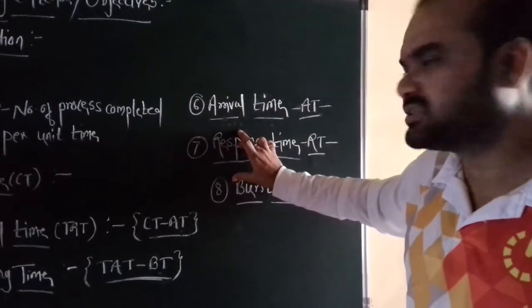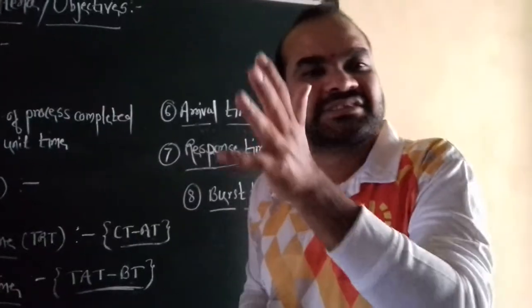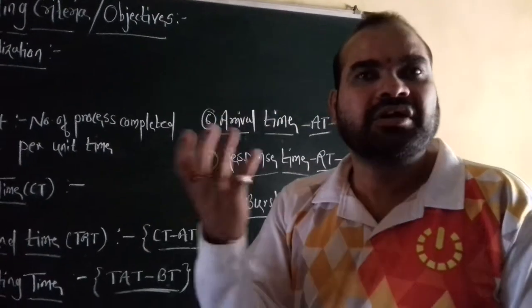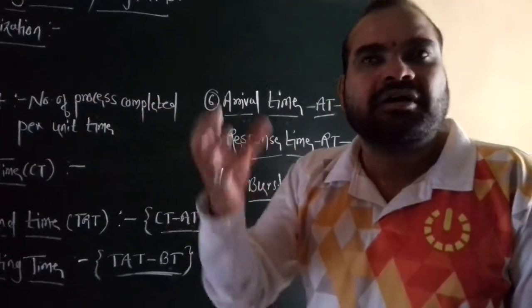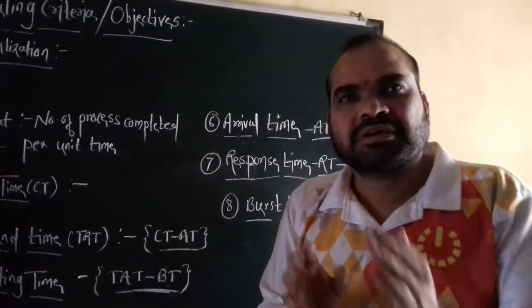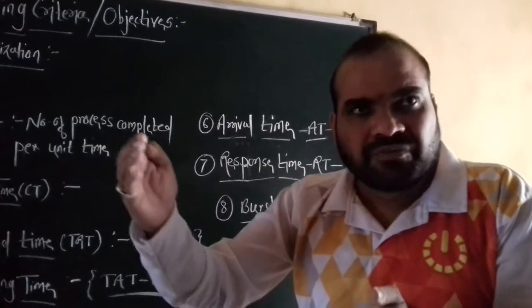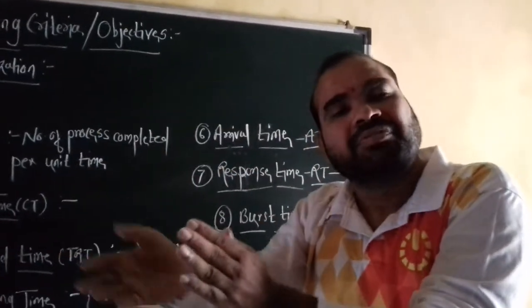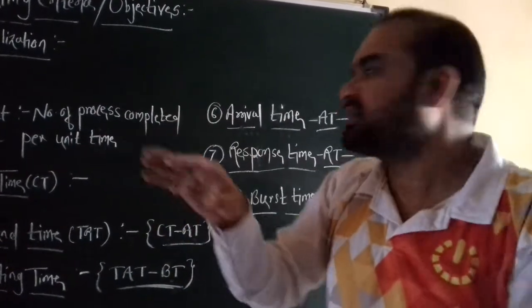Now the next point is response time. Response time's short form is RT. When a particular process is executed successfully, we get an output or result from the process. The time duration at which the process gives us an output or result is the response time.